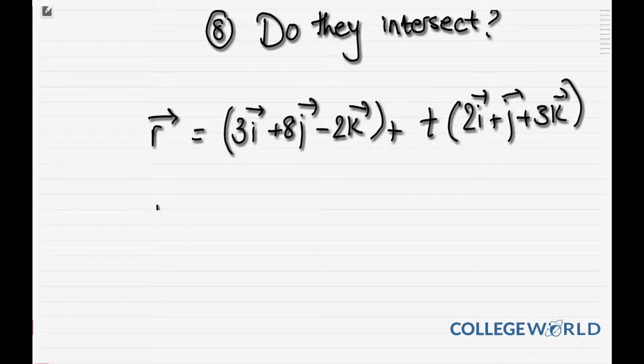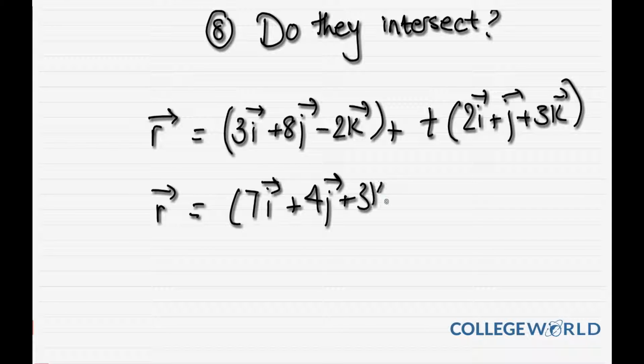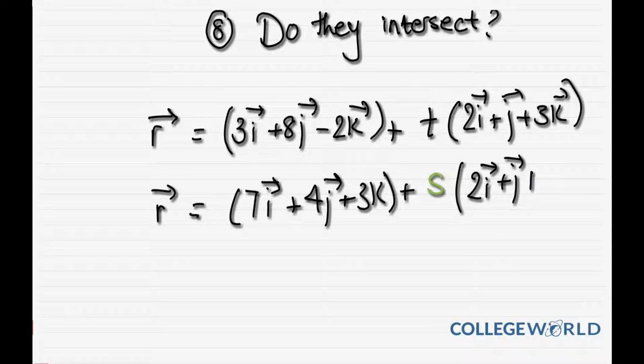And then we have another one that is also r, and it's 7i plus 4j plus 3k, and we're going to use here another parameter s. It's still a parameter, but we're using a different one because they simply have different values, and it also has almost the same direction, except differently on the third dimension.